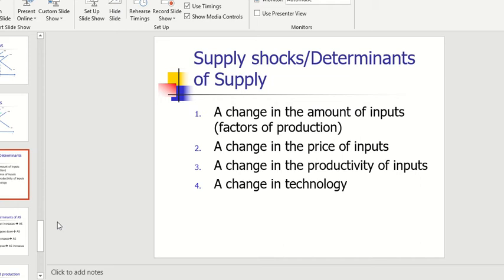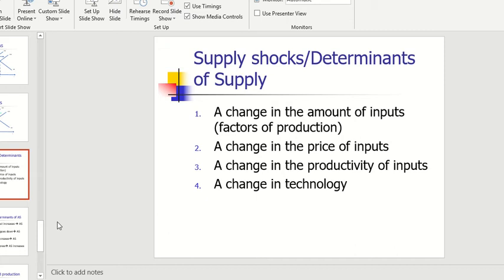So how does a change in the amount of inputs affect the aggregate supply? Let's just consider the economy of a very small town. Assuming that there are no constraints in other resources, no constraints in the factory capacity, no constraints in the amount of raw materials they can use, and so on and so forth.